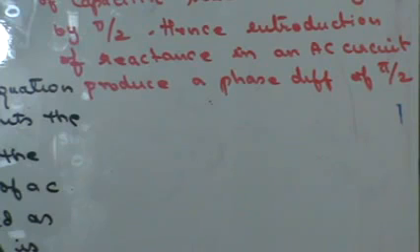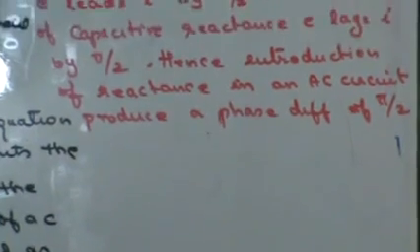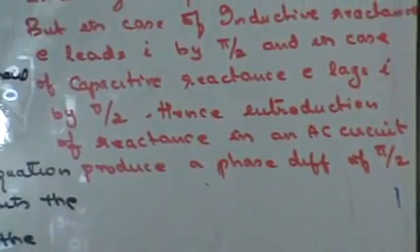Thus, the loss of power in an inductive or capacitive circuit is 0. So there is more loss of heat in the case of a DC circuit, and less loss of heat in an AC circuit. Hence, an AC circuit is more efficient as compared to a DC circuit, because there is no loss of heat in the case of an AC circuit.